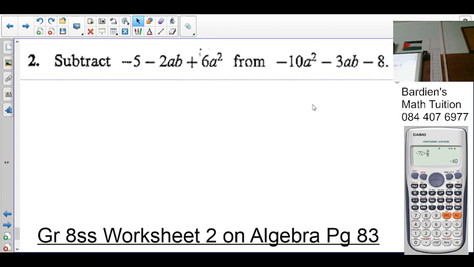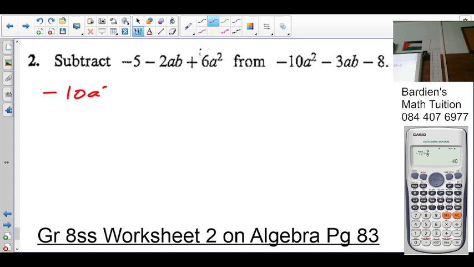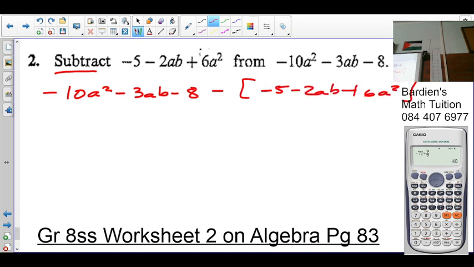He says subtract negative 5 minus 2ab plus 6a squared from negative 10a squared minus 3ab minus 8. Whatever follows from, you write first. So it's going to be negative 10a squared minus 3ab minus 8 minus 5 minus 2ab plus 6a squared.